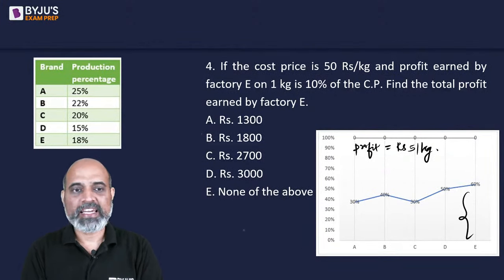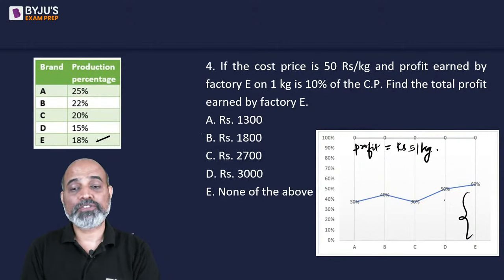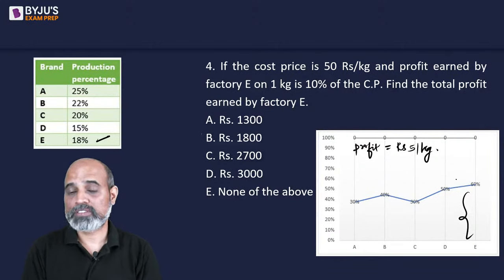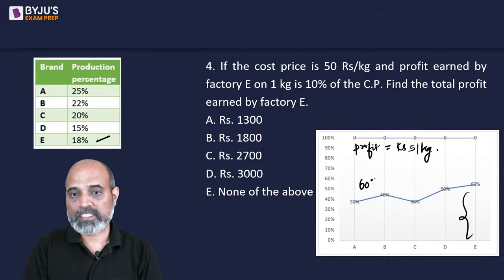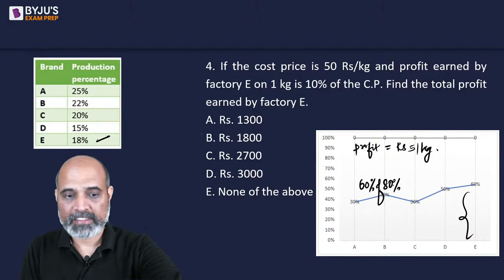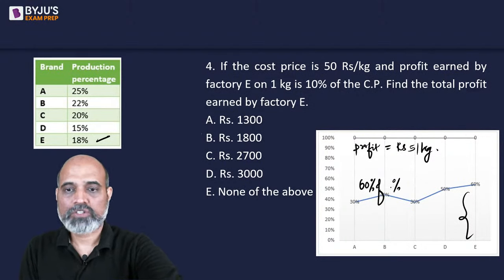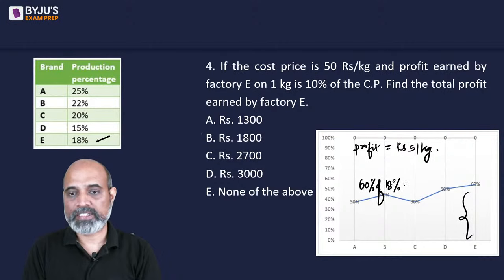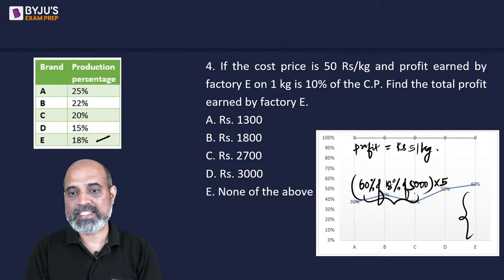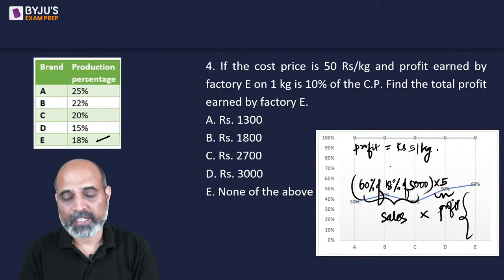So if you look at E, it is 18% of 60% of 5,000, and we need to multiply this with 5. Why? Because this is the total sales, और ये आपका उसका profit है per kg. So if we multiply this, this will result in total profit, right?